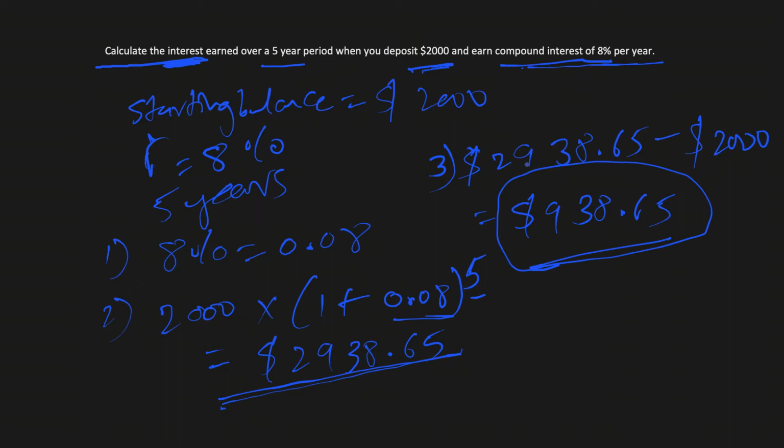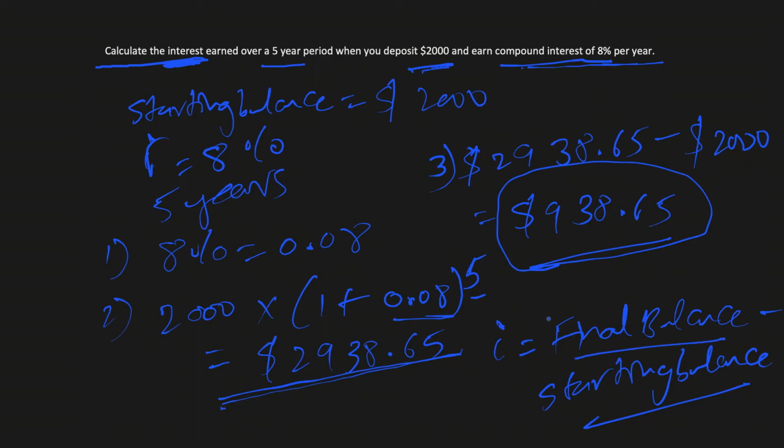So interest is nothing but your final balance minus the starting balance. Simple. That's it. In this case, it would be 2,938.65 minus starting balance, which is $2,000. We get $938.65. Great. Let's move on to another example.